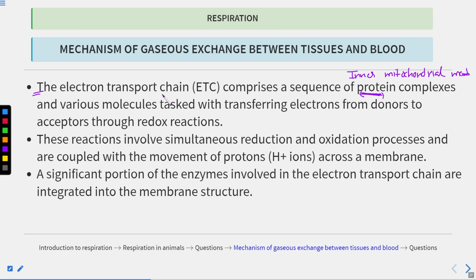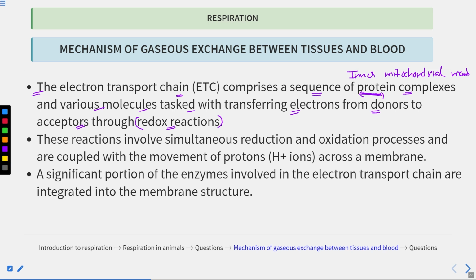Now the electron transport chain is comprised of protein complexes and various molecules tasked with transferring electrons from donors to acceptors through redox reactions. So what is happening in the electron transport chain?